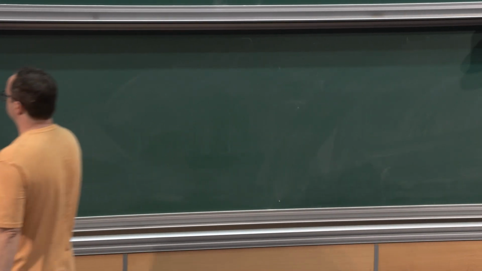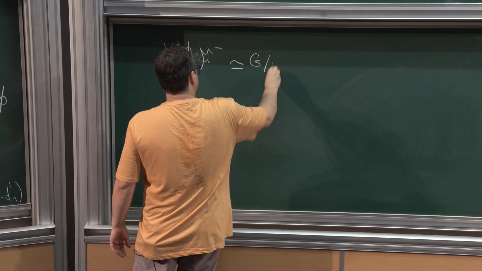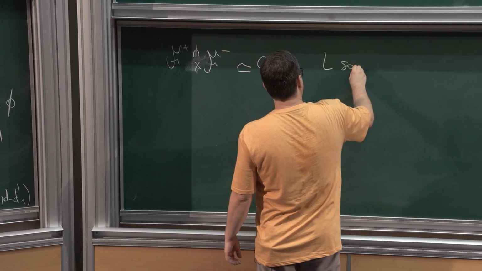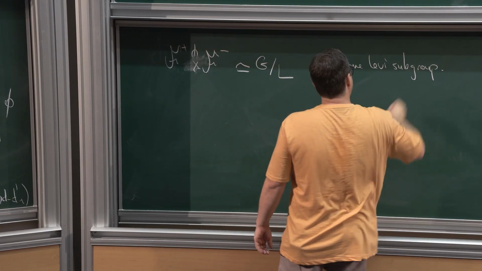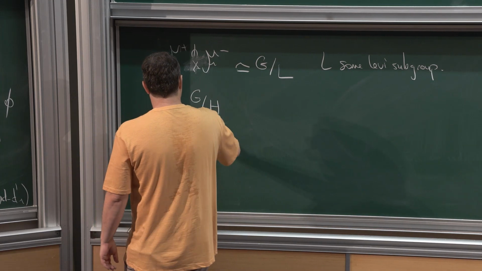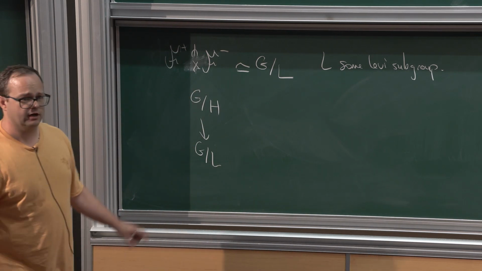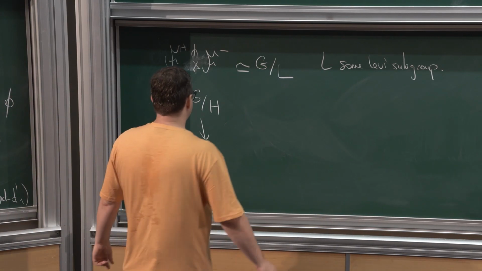Okay, so now let's write our transverse flag space as some G mod L for some Levi subgroup L. And we want this L to be some G mod H over G mod L. So H should be a subgroup of L, okay, for this to be fibering here.